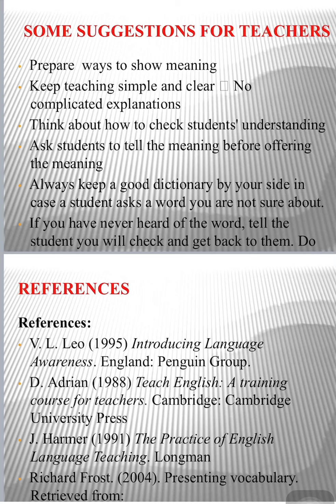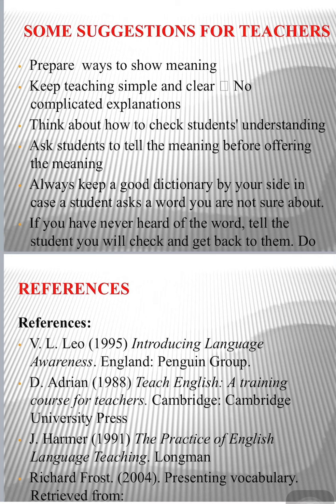So we also have some suggestions for teachers. The first is preparing ways to show meaning, and then we should keep teaching simple and clear. No complicated explanation is included.